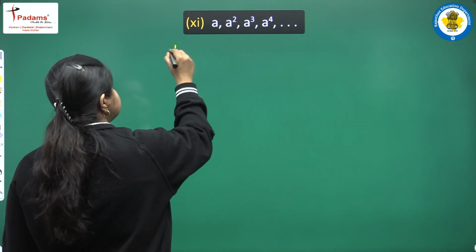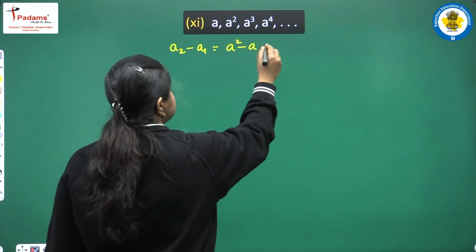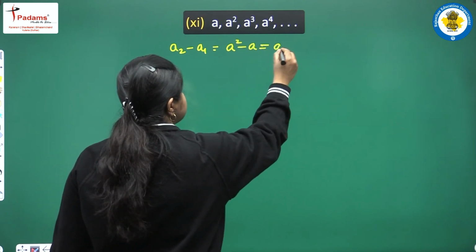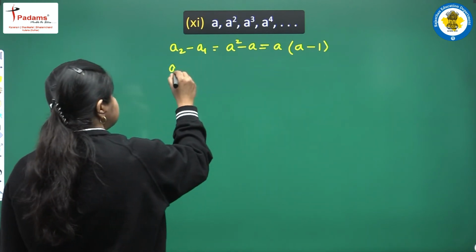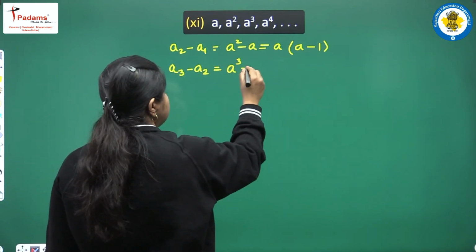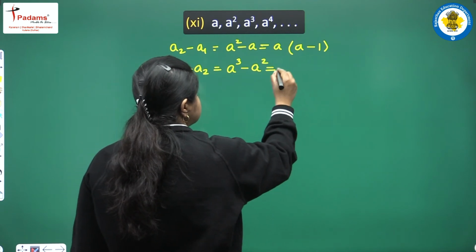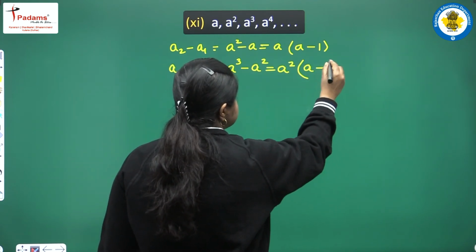Next, A squared, A cubed, A raised to power 4. So what can we write? A2 minus A1. It will be A squared minus A, that is, if we take A as common, then A into A minus 1. Let us find A3 minus A2. It is A cubed minus A squared. Take out the common A squared outside, it will be A squared into A minus 1.